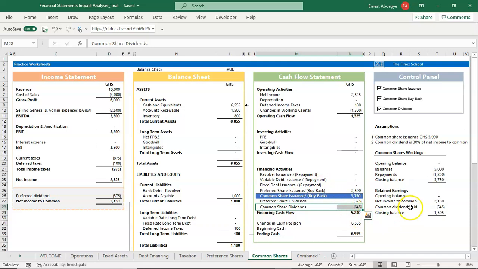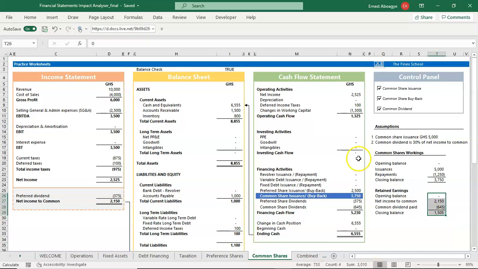Now, you should know that the common share dividend payment is based on a payout ratio, a profit payout ratio. If you don't make profit, your payout ratio will be 0, because even if you have a payout ratio, you wouldn't have any profit to pay, since it depends on the profit you have made.